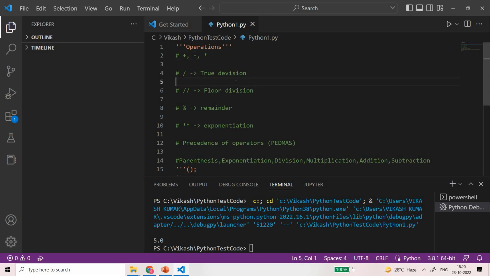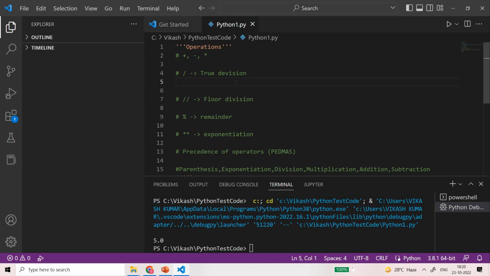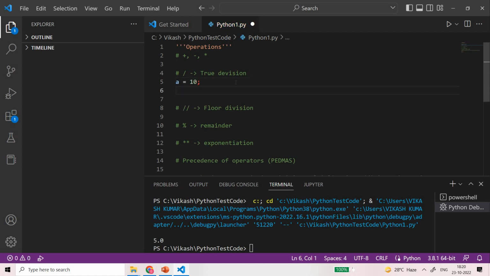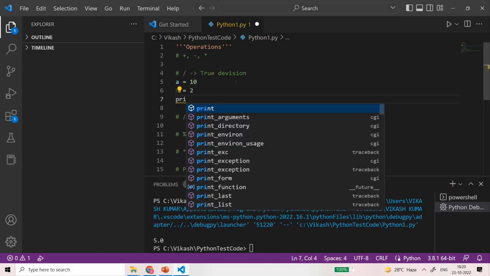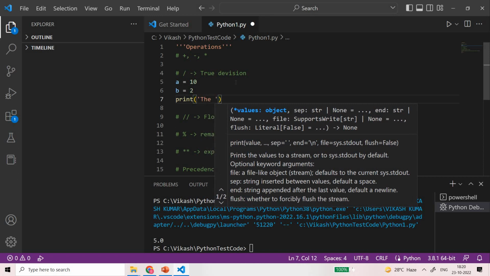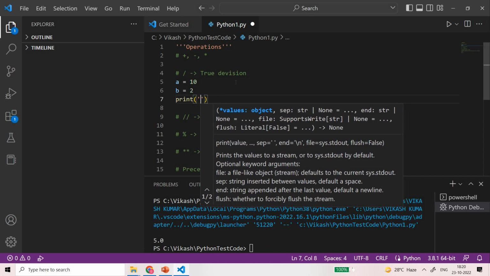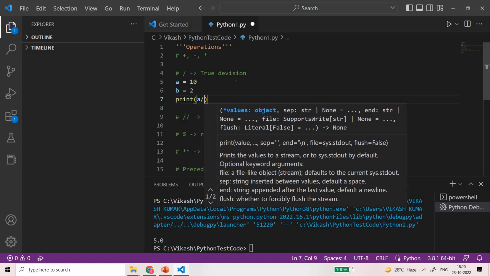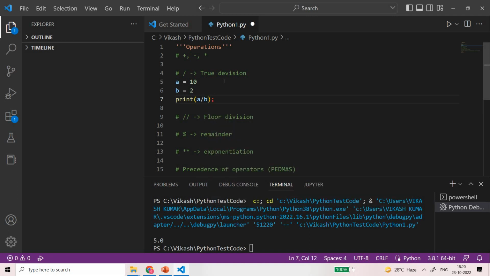Let's start with division in Python. Suppose I declare some variable a is equal to 10, an integer, and b is equal to 2, also an integer. Now I'm going to print a divided by b. Let's see what comes out. We are expecting that it should be 5, 10 divided by 2.